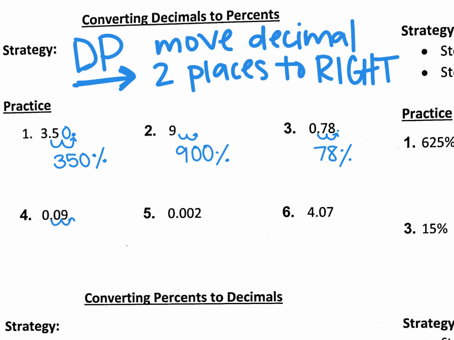Okay, number 4. 1, 2 places to the right. That is 9%. Number 5, 2 places to the right. It is 0.2%. It's tiny. But still greater than 1. Is it?